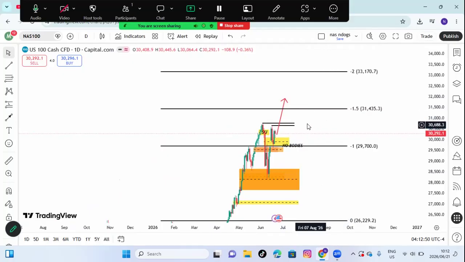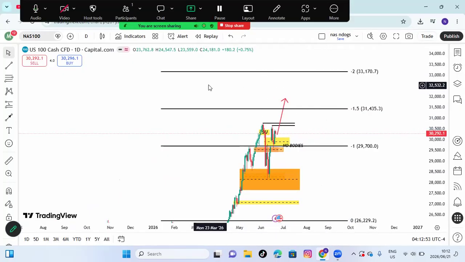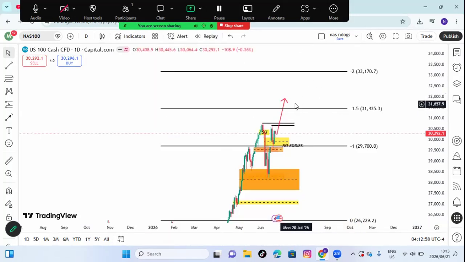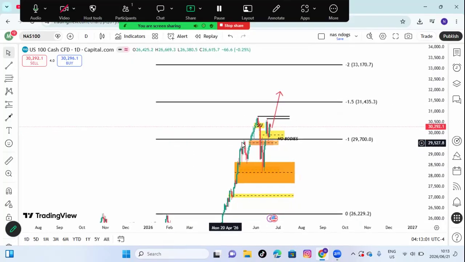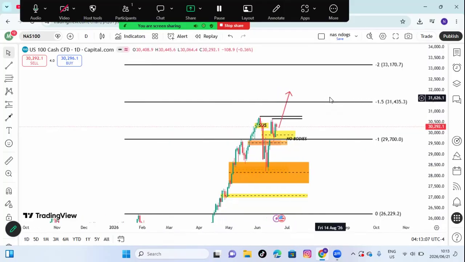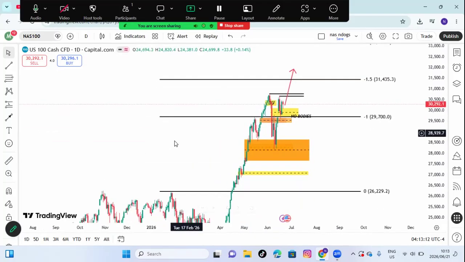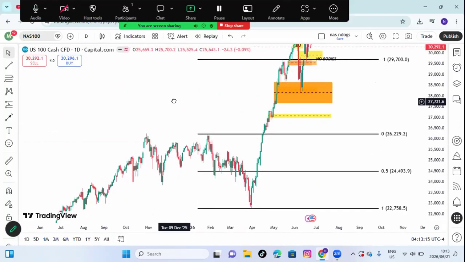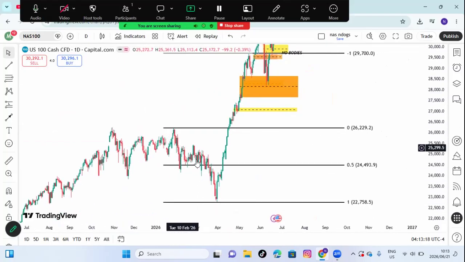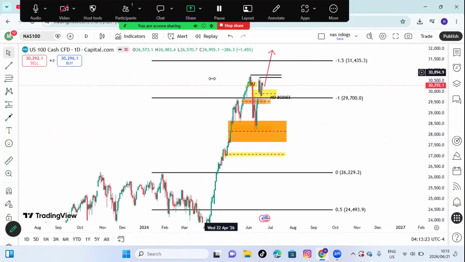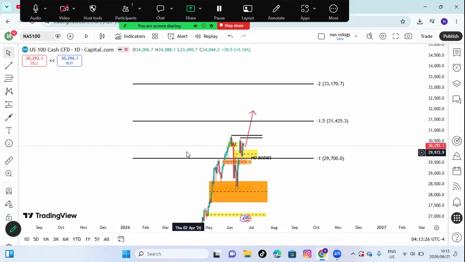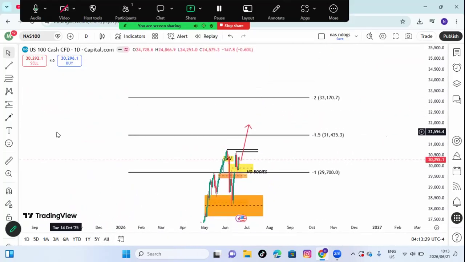Even half of the level is a level. Half of this can also be considered. Currently we have -1 there, and then we retraced after that, couldn't get there. So we could get this level next, and then another one there. These are the levels, looking at this wave from a daily perspective, and that's how you project where it's gonna go. So these are the next levels you gotta look out for.